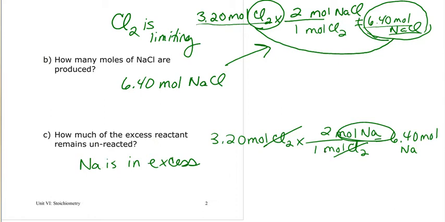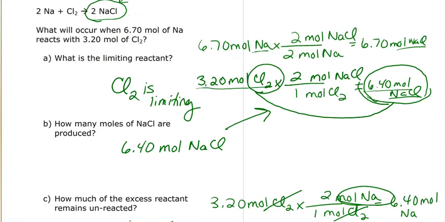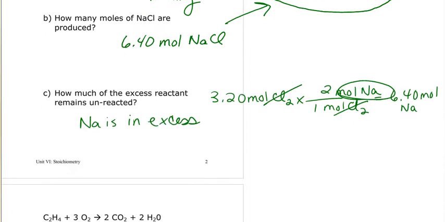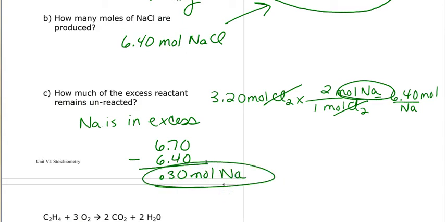And so, how much do I actually have in the lab? Is 6.7. So, I'm going to take 6.70 minus how much I'm actually going to use, which is 6.40, and get my amount of excess, which is 0.30 moles of sodium. That would be my answer to C.